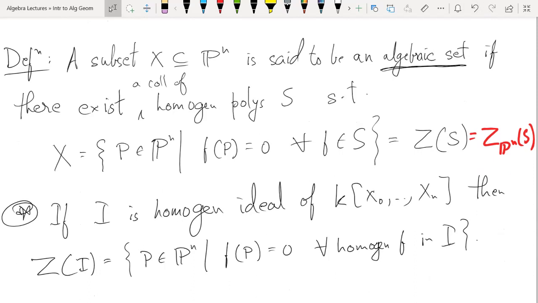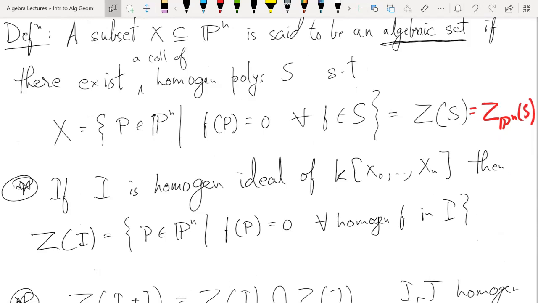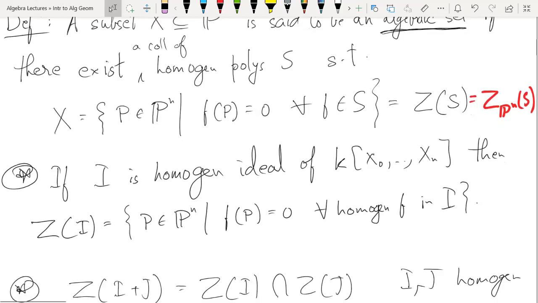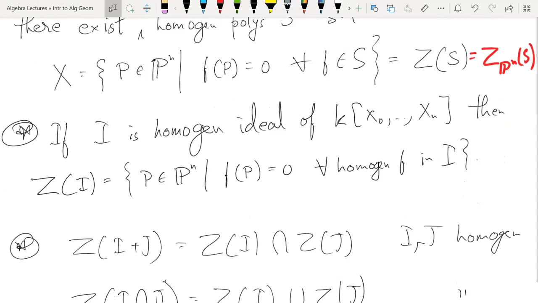We also saw that if I is a homogeneous ideal, then Z(I), oh sorry, we define Z(I) to be this: those points of Pn such that f(p) is 0 for all homogeneous f in I. This is how we get the algebraic subset corresponding to a homogeneous ideal.